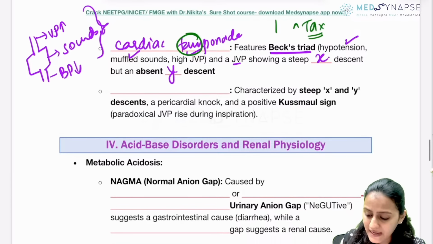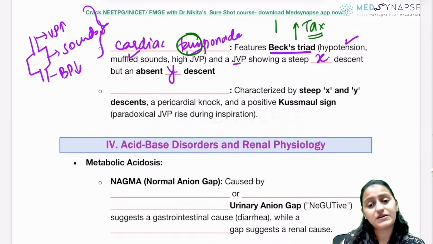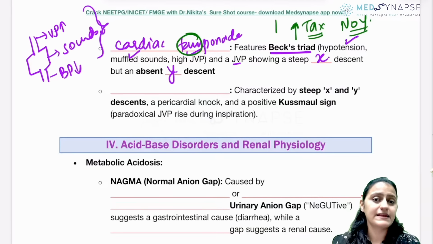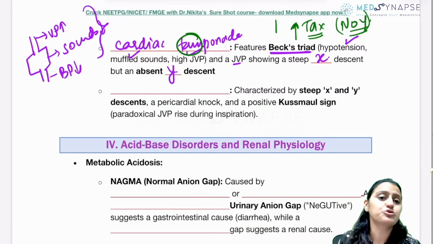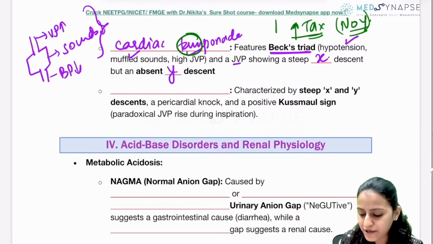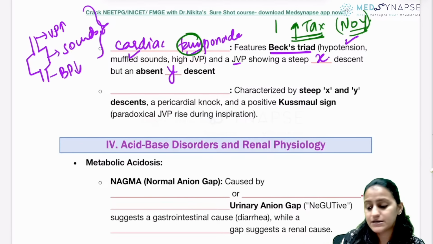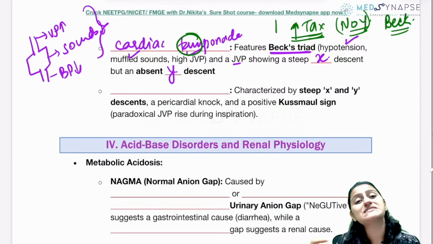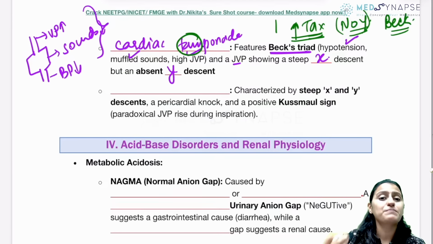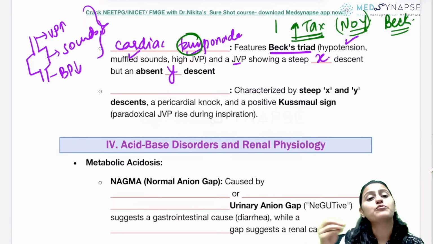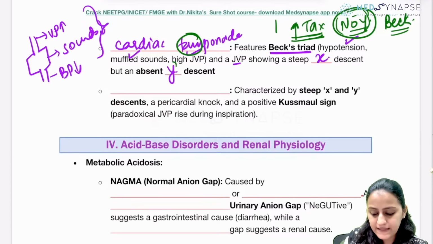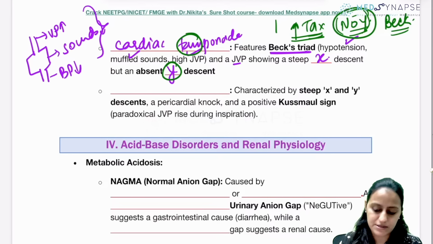So you pay increased taxes, right? Increased taxes without any reasoning in India, right? There is no why to it. There's no reason to it, but you have to pay increased tax. Who pays increased tax? Remember Beck, Beck's triad. So Beck pays increased tax without a why, without a reason to it. So there is no why, there is absent Y in tamponade.